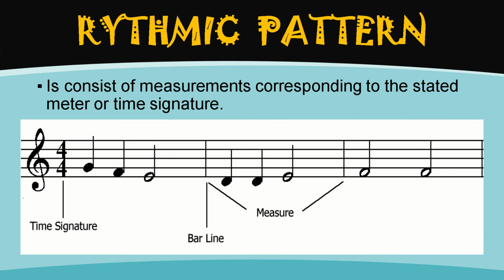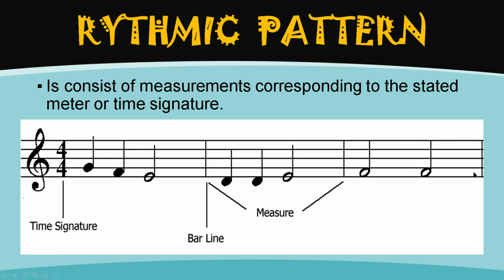A rhythmic pattern consists of measures corresponding to the stated meter or time signature. This part of a rhythmic pattern is a meter, and this one is divided by the bar lines. So here are the bar lines.